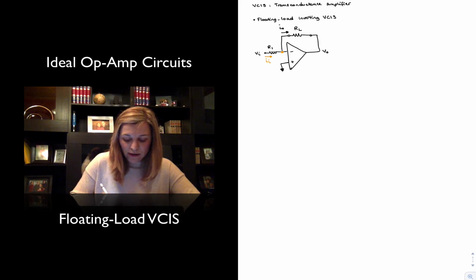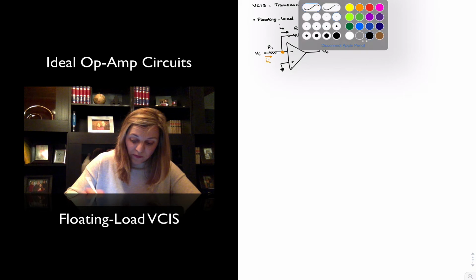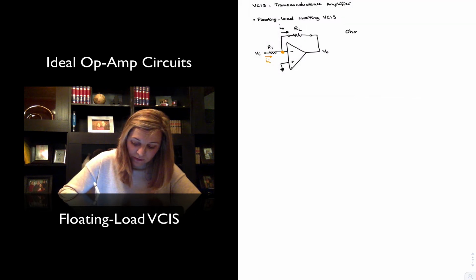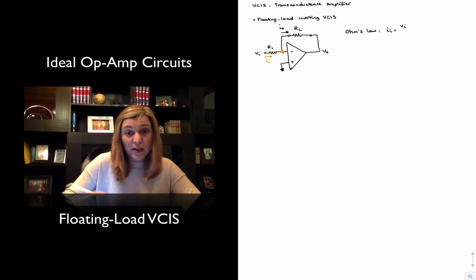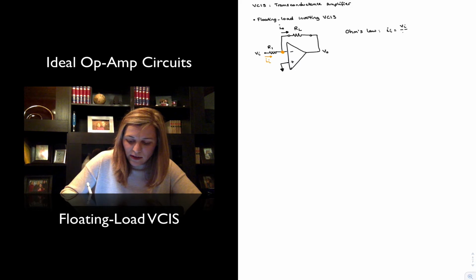And therefore, this terminal is sitting at ground, or 0 volts. And so if there is a voltage across resistor R1, there must be a current flowing through resistor R1 by Ohm's law. And that current, again by Ohm's law, is going to be equal to the voltage across that resistor, V in minus 0, or just V in divided by the resistance R1.